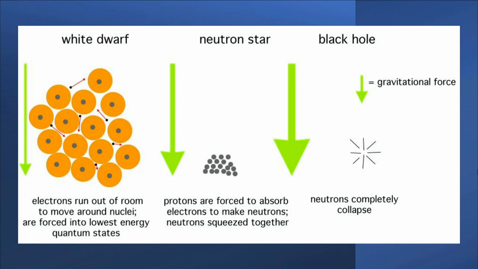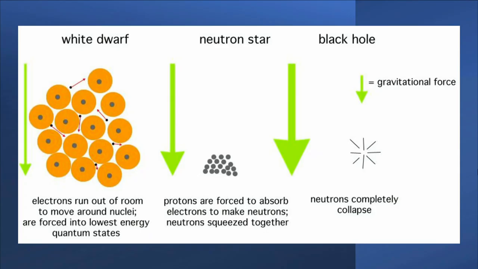But that mass limit is about 3 solar masses, and if you exceed that, then potentially there's nothing left to support your weight against gravity, and you just collapse into a black hole.